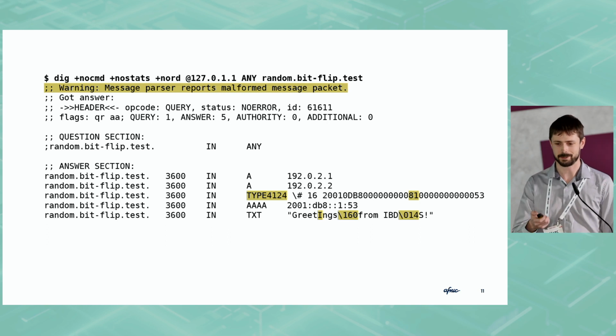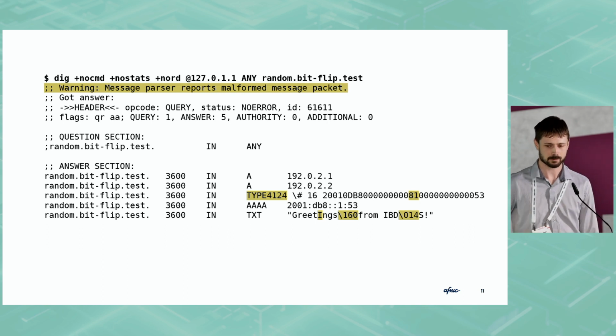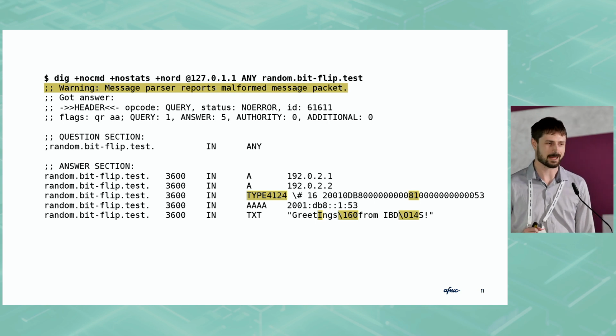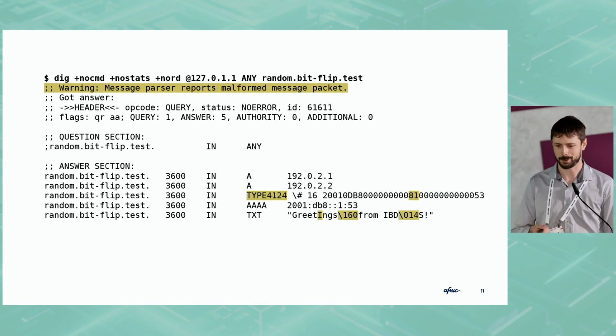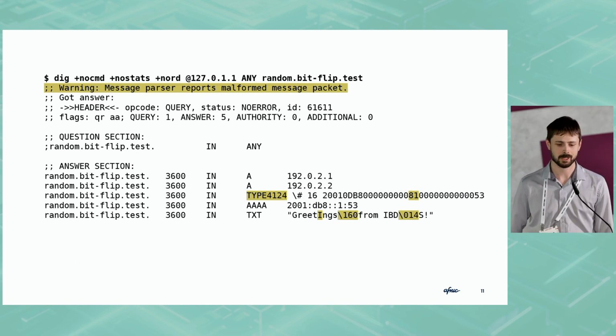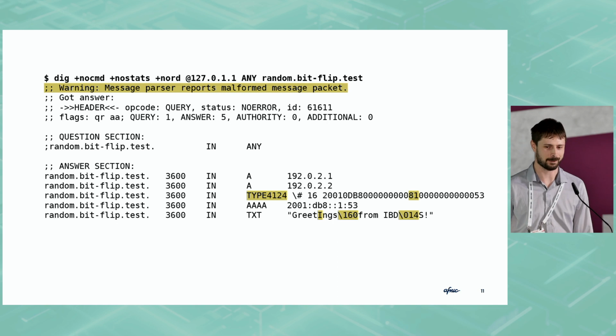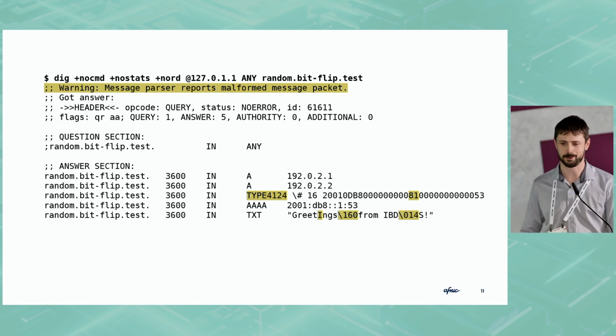Here I've highlighted the differences in yellow. We can see here that the AAAA resource record got corrupted into an unknown type, and so dig returns that with the usual unknown resource record format. The text gets corrupted, and dig also gives a warning that the message is malformed.